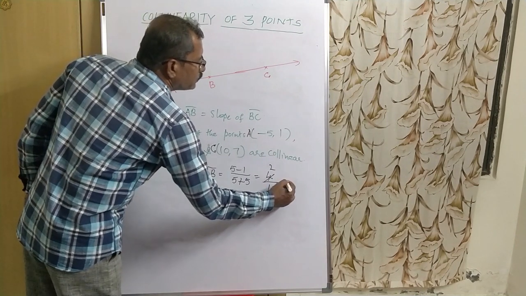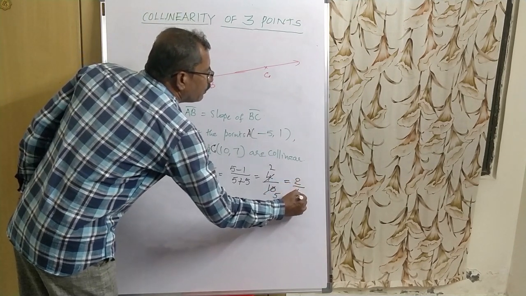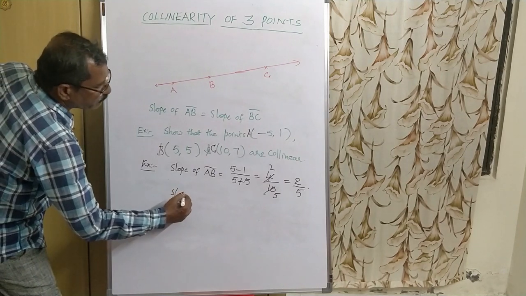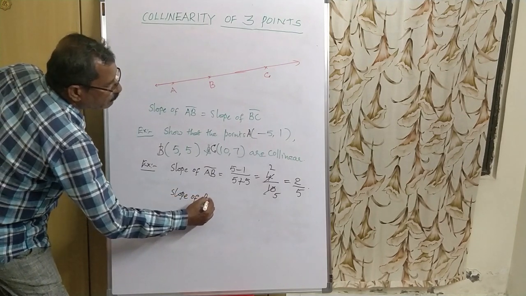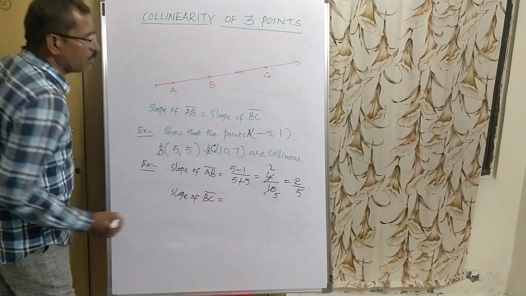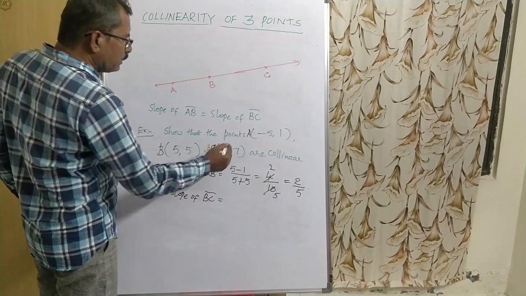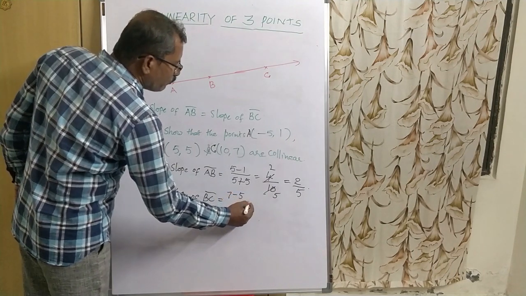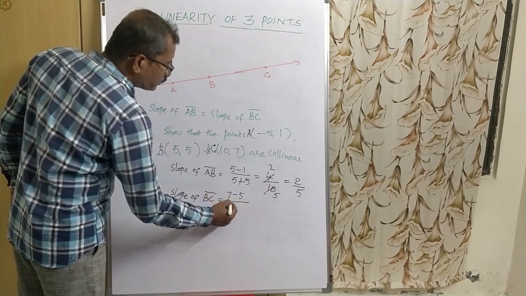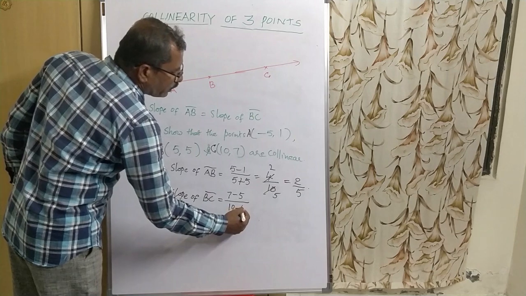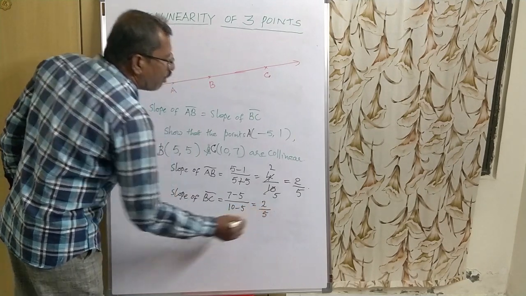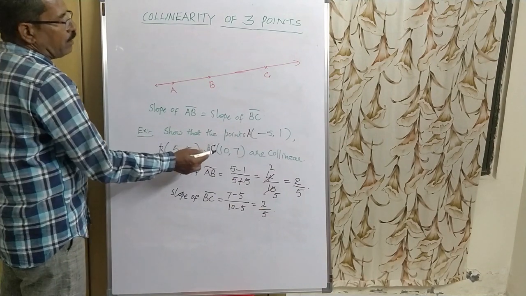And if I find the slope of BC, here it is y2 minus y1 is 7 minus 5 by x2 minus x1 is 10 minus 5, which is equal to 2 by 5.